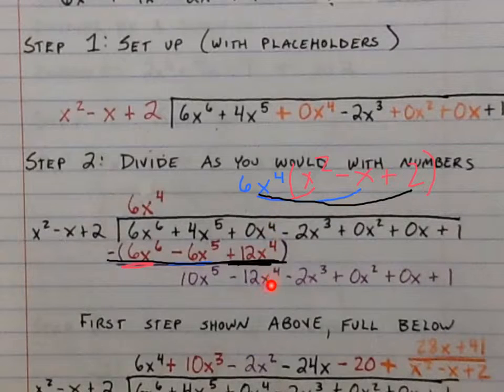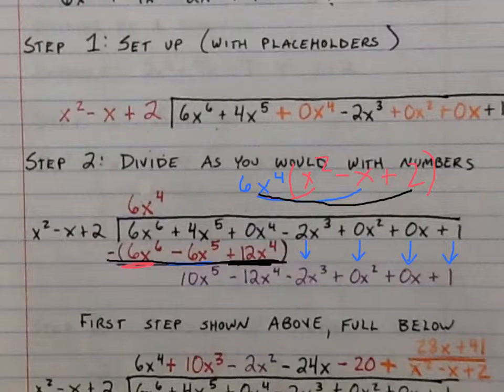Notice all those powers stack. And then beyond that, everything you can just carry down: the negative 2x to the third gets carried down, 0x squared carries down, 0x carries down, and 1 carries down.